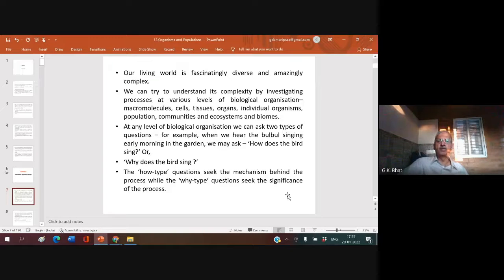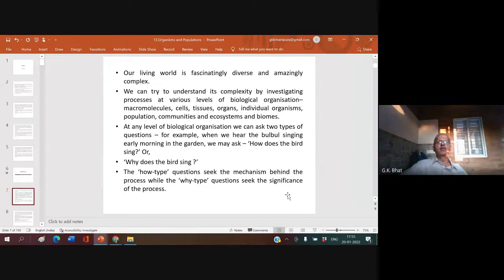We have diversities. At any level of biological organization, we can ask two types of questions. For example, when we hear the bulbul singing early morning in the garden, you may ask, how does the bird sing? Second question, why does the bird sing?